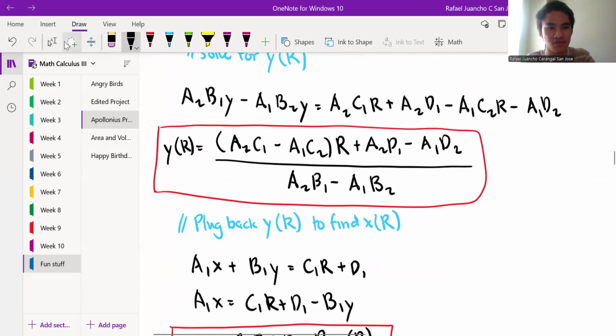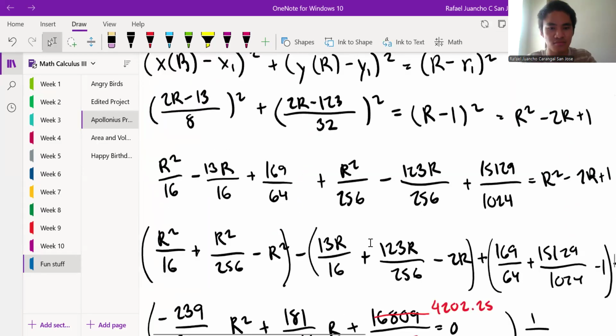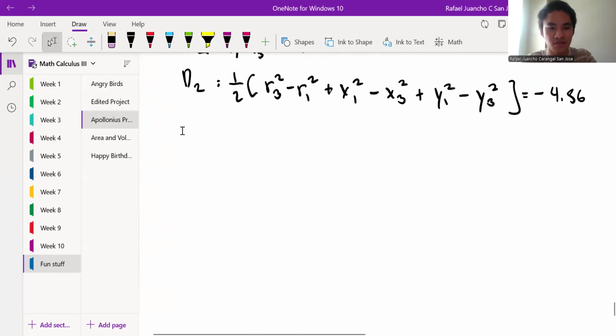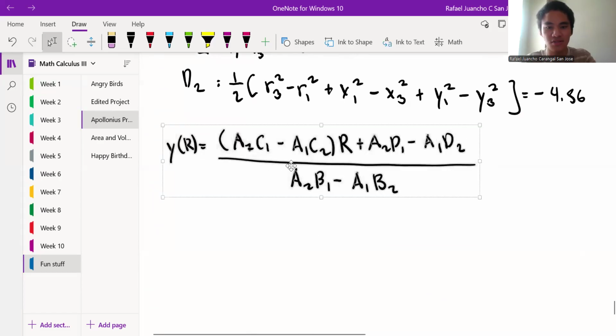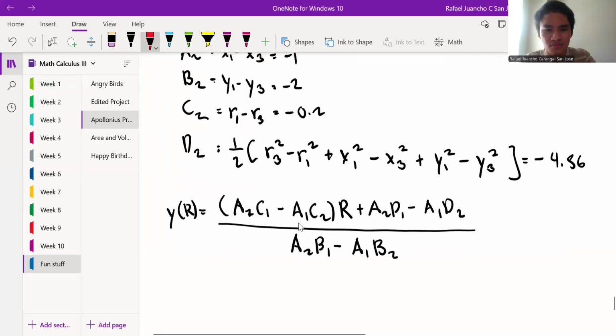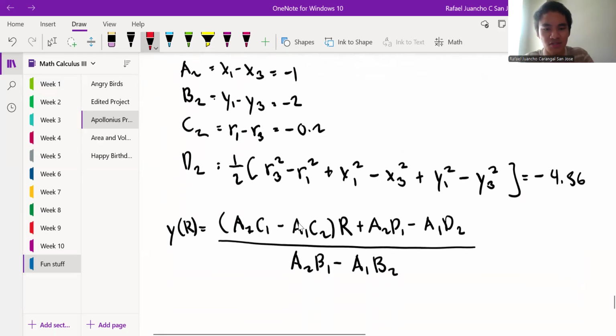So this is A2. I swear that's A2. This is -1. C1 is negative 0.2, right? And so this is 1 times 0.2. This is just 0.2 actually.